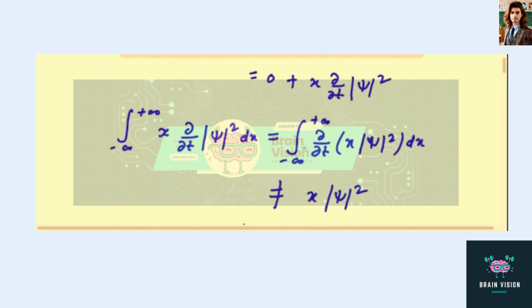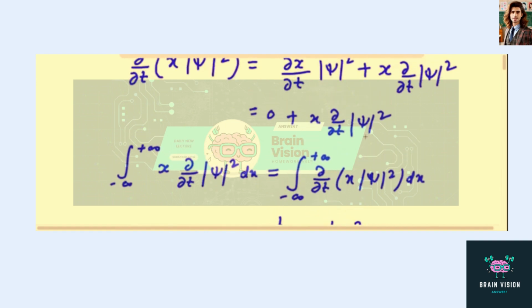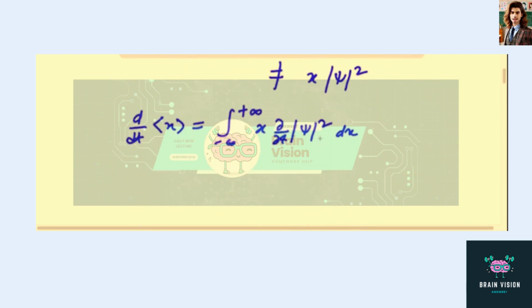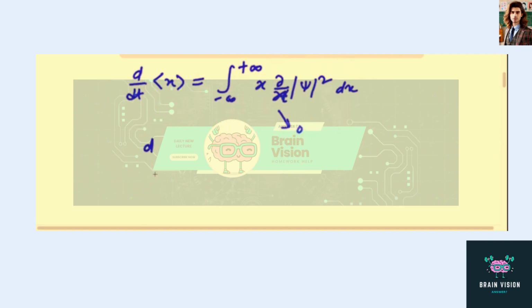You can say that because |ψ|² is the probability density and it is constant, the value of this will be 0, hence this whole value will be 0. So this value is 0.